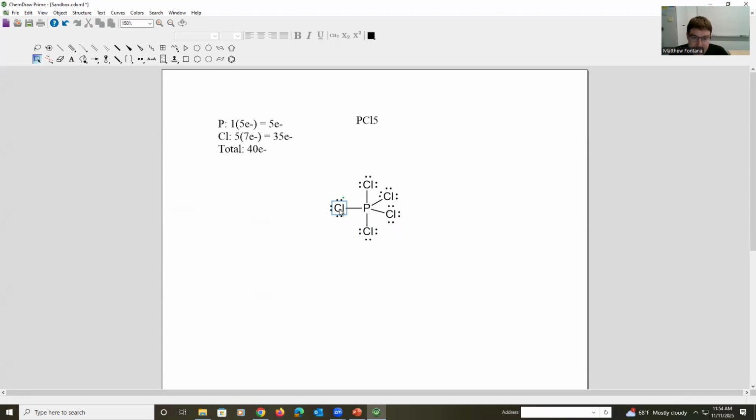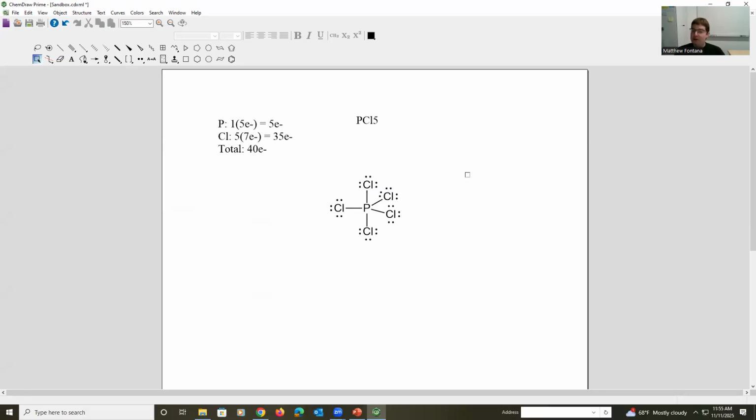So we have 8, 16, 24, and then 32 from here, and then we get brought up to 40 with the fifth chlorine atom. And so this is the correct Lewis structure for phosphorus pentachloride.